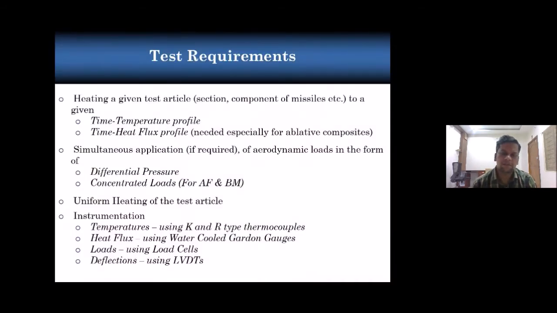Now the basic requirements for the tests. For any thermostructural test, our initial inputs are a time temperature profile or time heat flux profile based on the designer requirement. If a time temperature profile is given to us, we will see whether we can achieve it, what power is needed, and whether the heater is available.